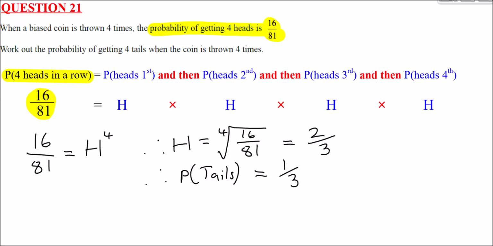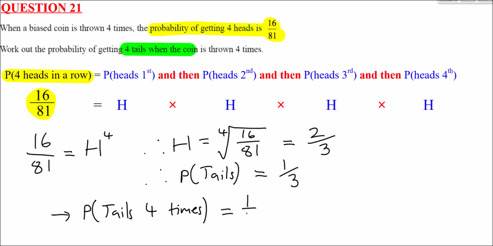We want to work out the chance of getting 4 tails in a row, so now we can just take this value and multiply it by itself 4 times. So the probability of tails 4 times is going to be the probability of tails first, and then the probability of tails second, and then tails the 3rd time, and then tails the 4th time.